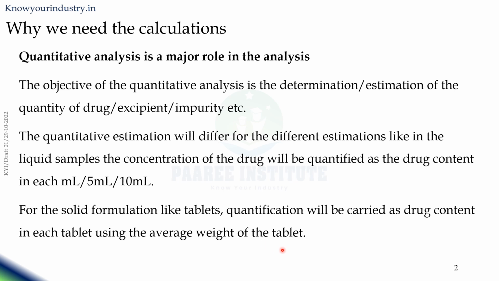So there are many calculations we need to do during pharmaceutical analysis. It is essential to understand the basics of these calculations to carry out pharmaceutical analysis applications. We will see a few examples in the upcoming slides.